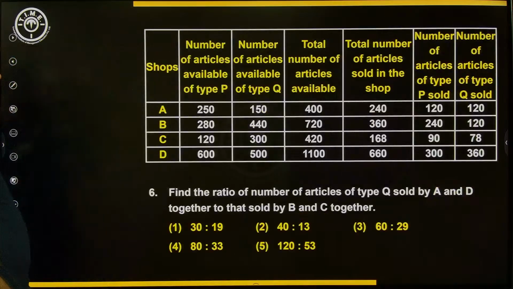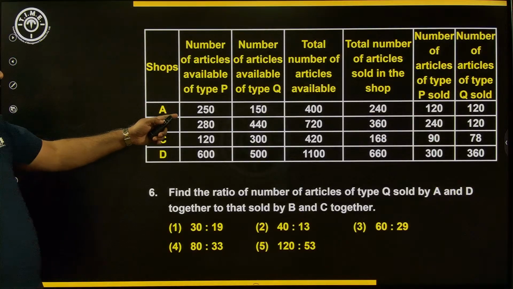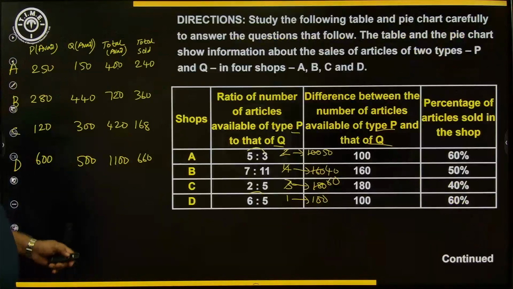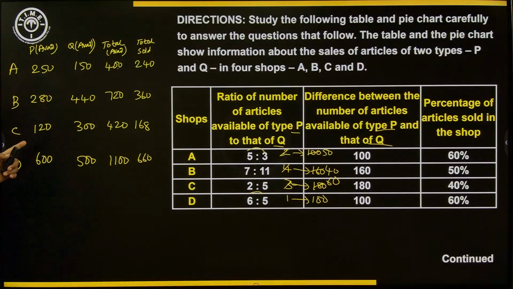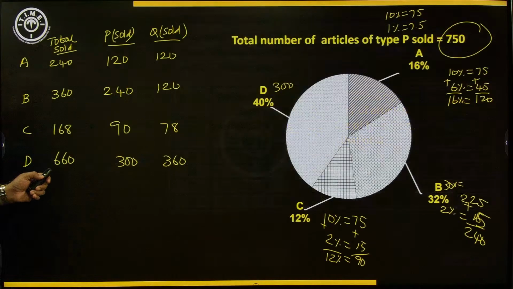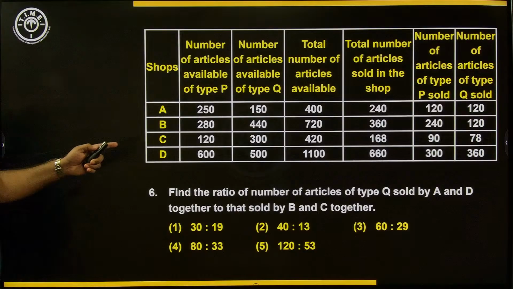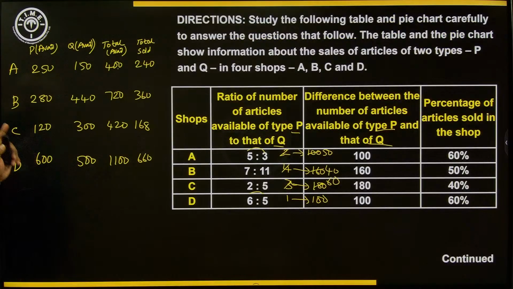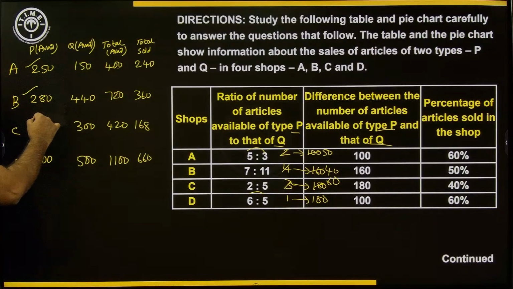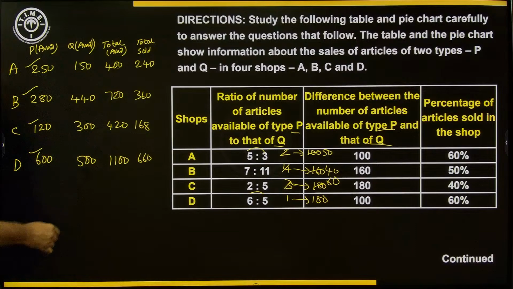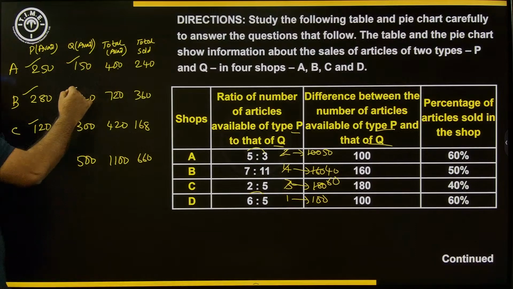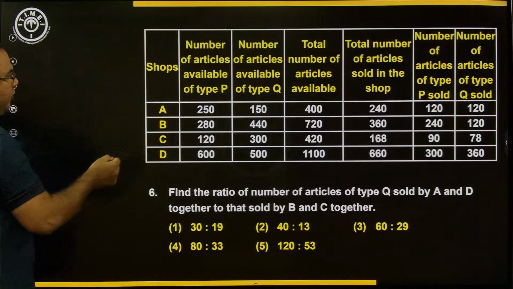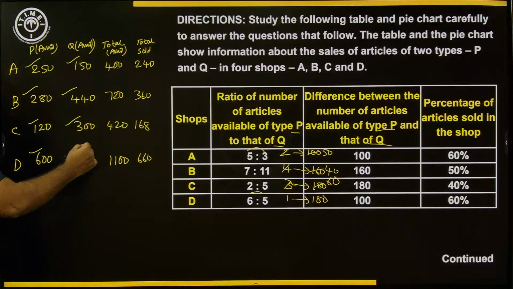Same values are copied here. See, A: 250 available, 280, 120, 600. This is matching. I have copied this entire table there. Q available, 150, 440, 300, 500.